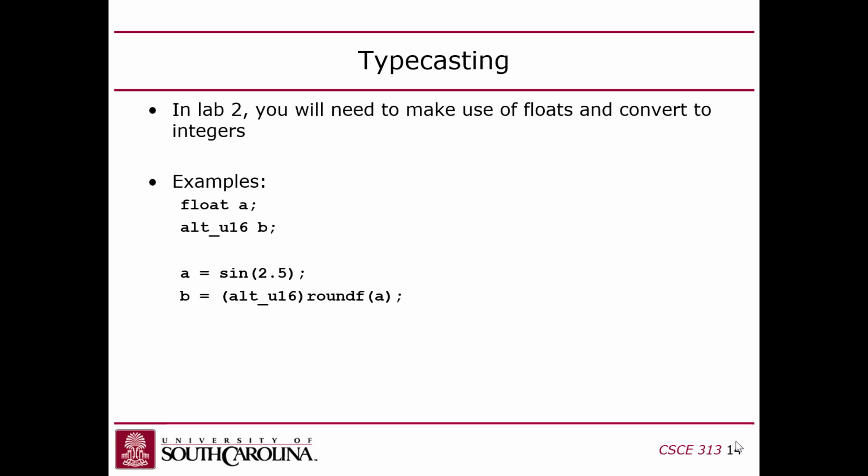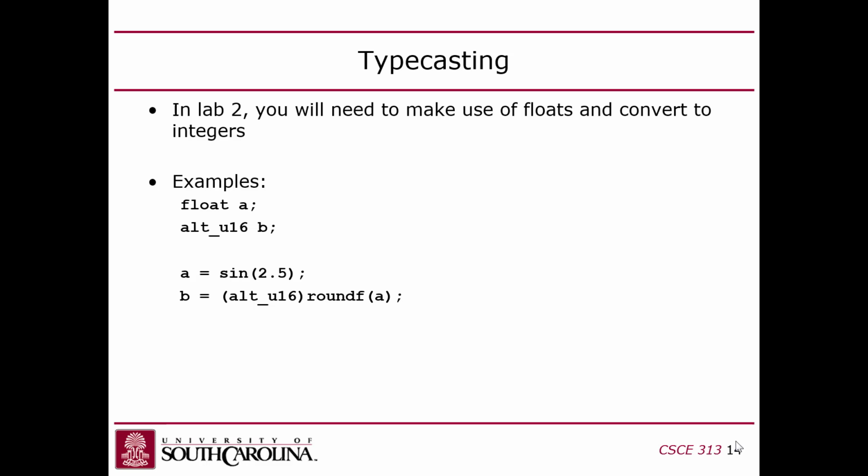So a is a float, and then b: if you want to round down to the nearest whole number, you can use roundf. The return of roundf is a float, and then you would want to cast it as an integer. You would use parentheses with uint16 to convert it from float to an integer.